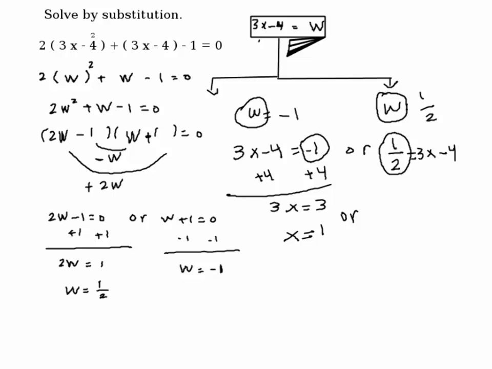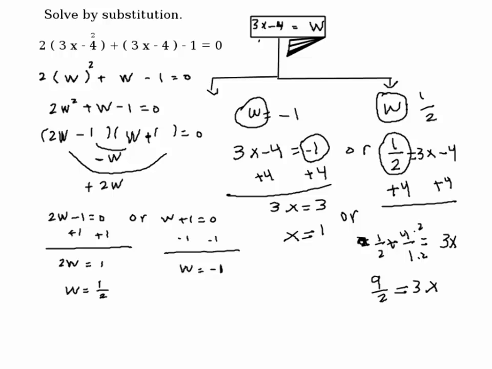and here I add 4 to both sides of the equation, I get 1/2 plus 4/1 equal to 3x. LCD is 2, so multiply by 2/2. 8 plus 1 will be 9/2 is equal to 3x.